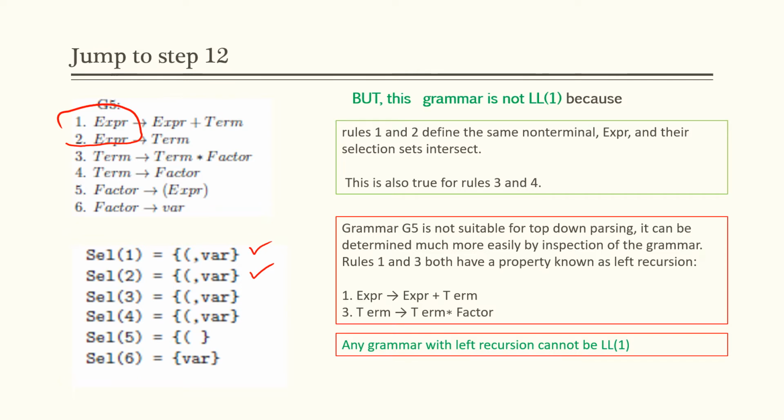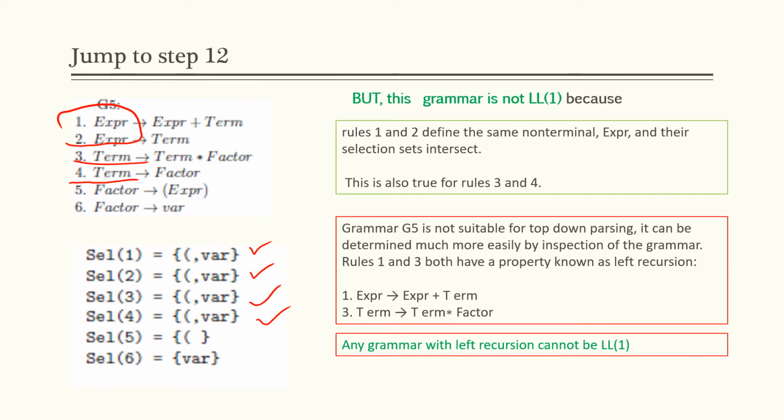So this indicates that this is not an LL1 grammar. This is also true for rule number 3 and rule number 4. They are the same non-terminal, but they also have the intersect selection set, the same selection set. So we say that this grammar is not in the LL1.